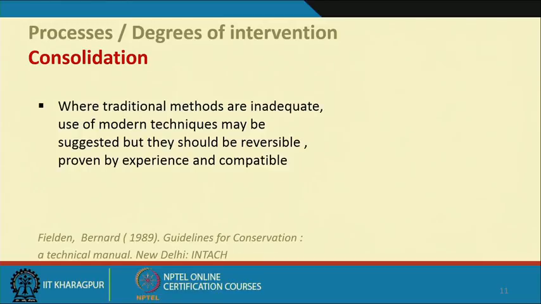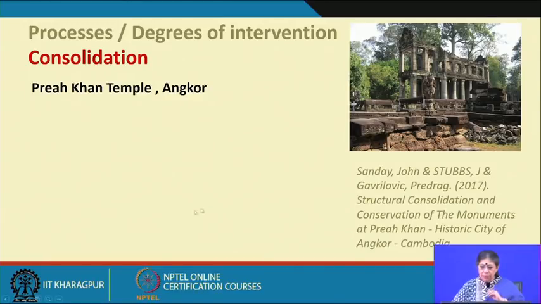So, let us take some examples. For example, this is the Preah Khan temple in Angkor, and you can see that it is not in a very good situation. The columns are standing, the structure is standing, but some of the beams and some of the columns or lintels may have been damaged so extensively that they do not have the strength to take the load.